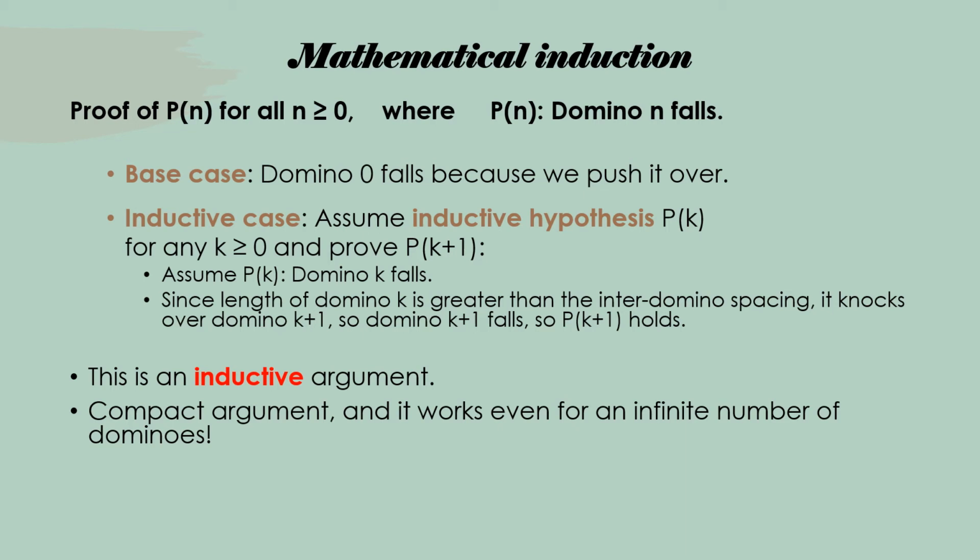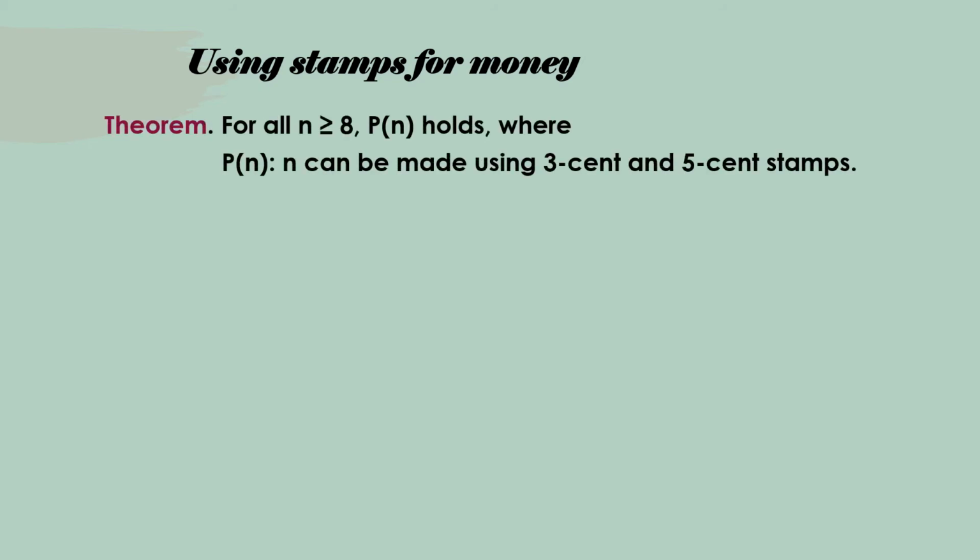So we say that it is a mathematical induction. Now let's use the principle of induction in this problem, using stamps for money. The theorem is, for all n greater than or equal to 8, P(n) holds, where P(n) is that n can be made using 3-cent and 5-cent stamps.